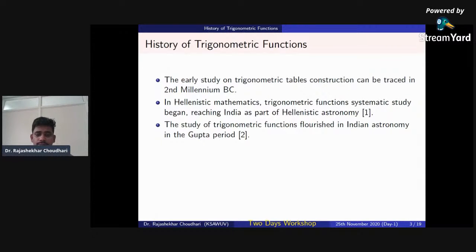Several researchers started working on constructing these trigonometric tables. The motivation for Indians to study the sine function came from their interest in studying the motion of planets and celestial bodies. In order to do that, it was necessary to understand the sine function.